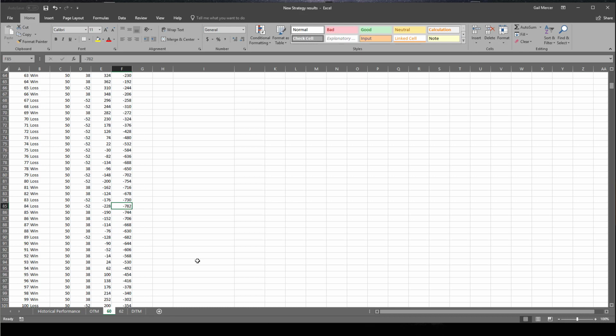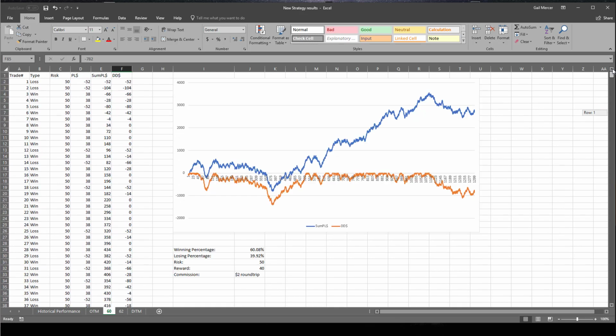If you have a $1,000 account, you're panicking. You've almost lost 75% of your account, and you haven't made any money. So doubt is really starting to set in.